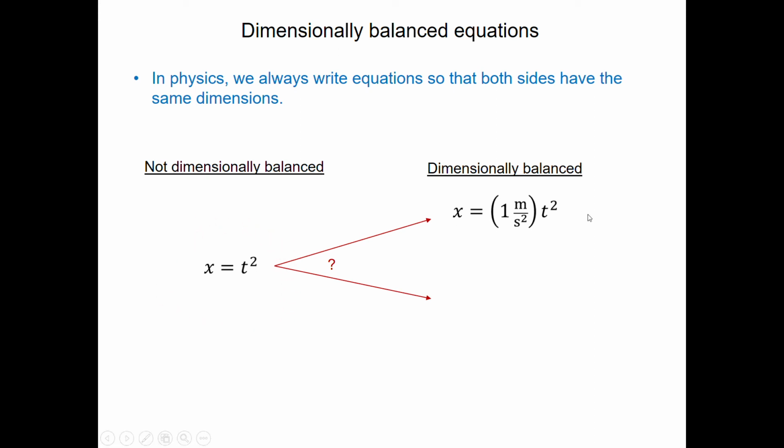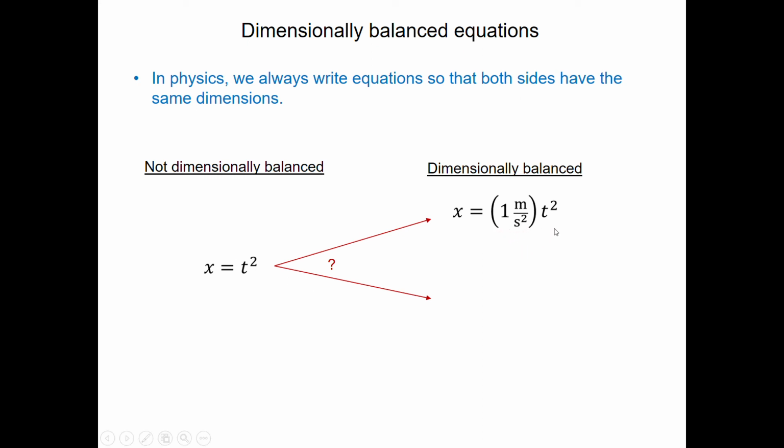Rather, he's going to use dimensionally balanced equations. So here's an example of a dimensionally balanced equation. Normally when we have a factor of 1 out in front of something, we don't write it down. There's no reason to put a 1 in front of the t squared. But if that 1 has some units associated with it, for example, here I've put a factor of 1 with units of meters per second squared in front of the t squared.